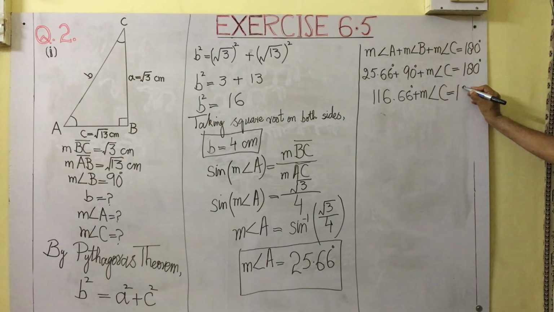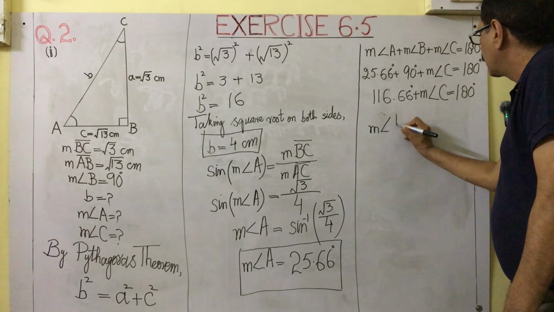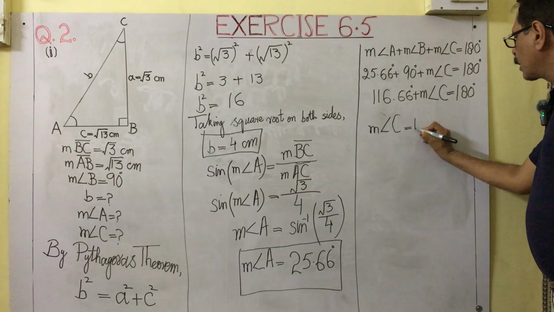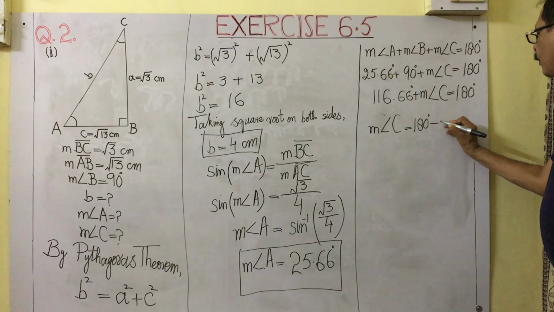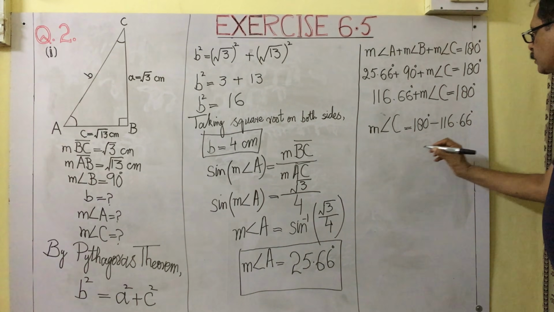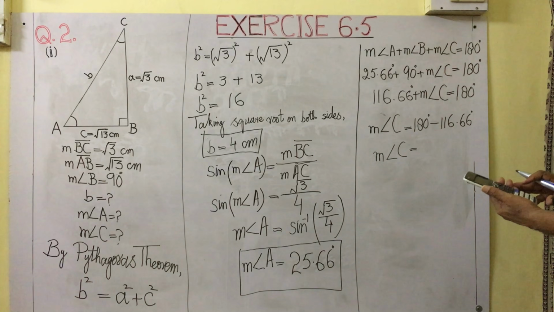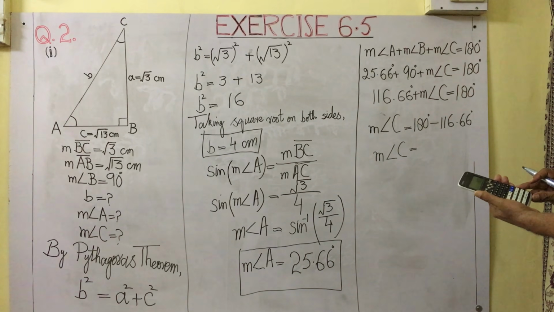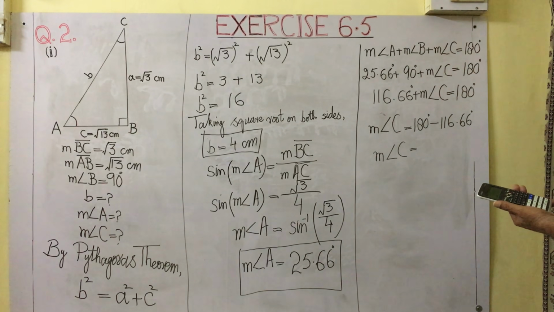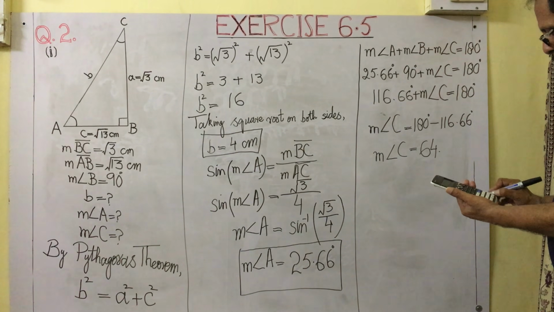Angle C comes to be 180 degrees minus 116.66 degrees, which is 64.34 degrees.